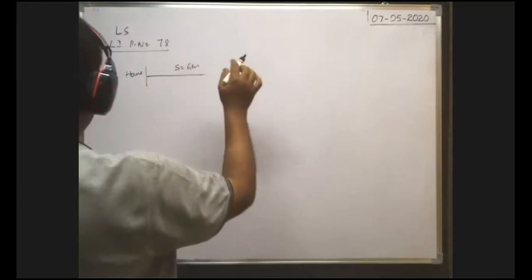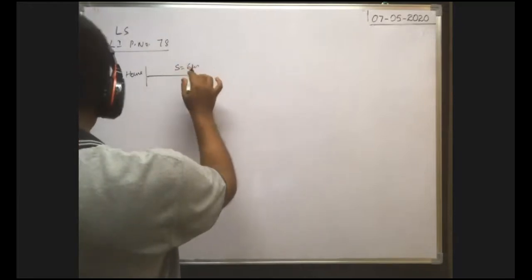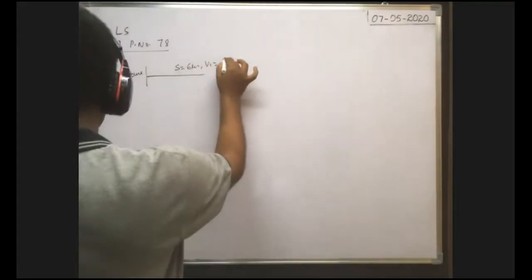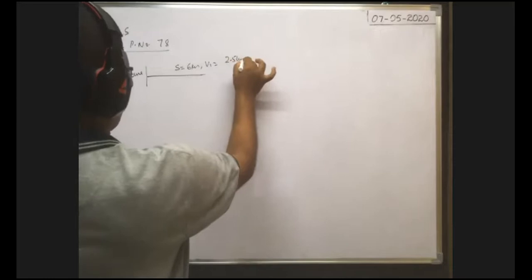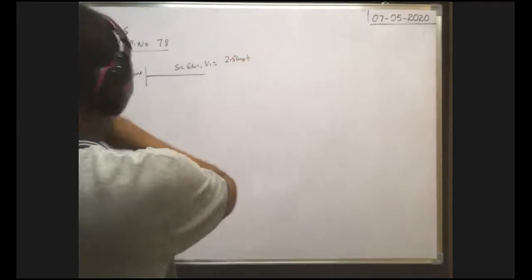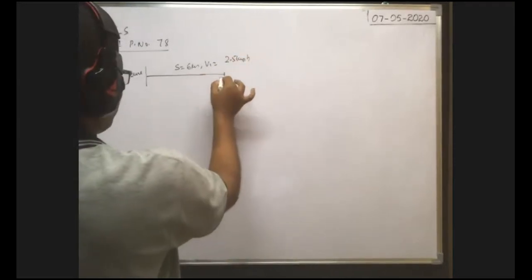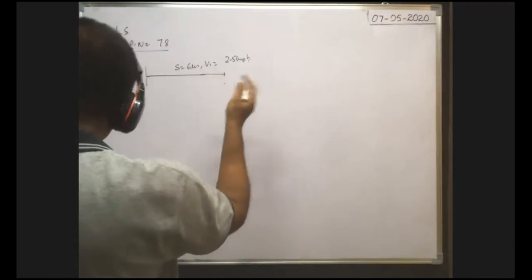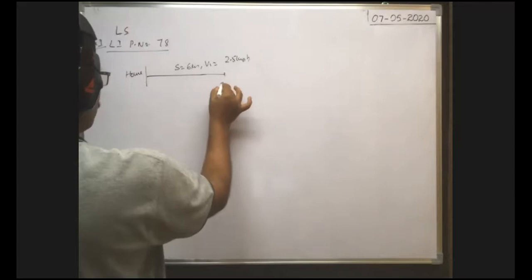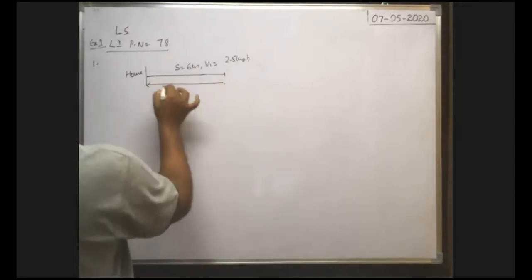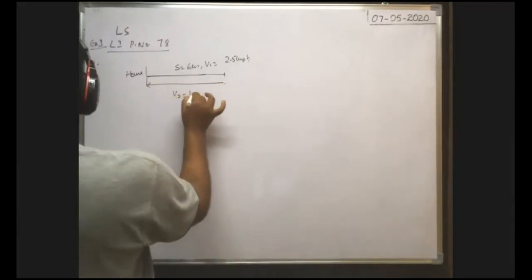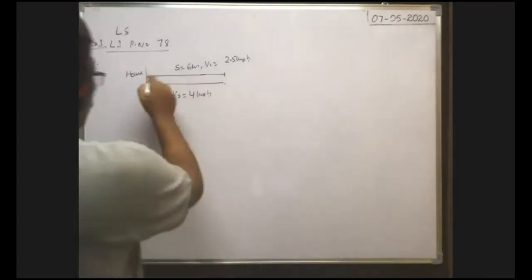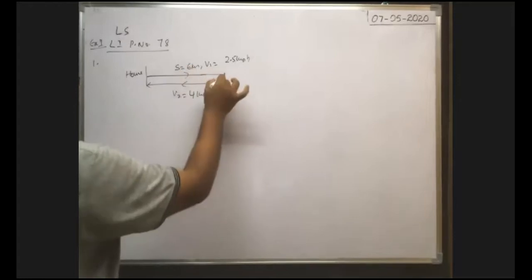He travels 6 km with a constant speed V1 equal to 2.5 km per hour and reaches the school. After classes are over, he walks back to the home with a speed V2 equal to 4 km per hour. Then what is the average speed for this round trip?